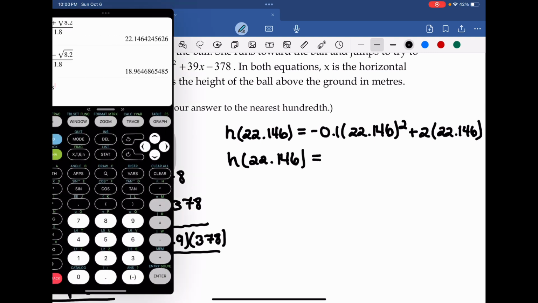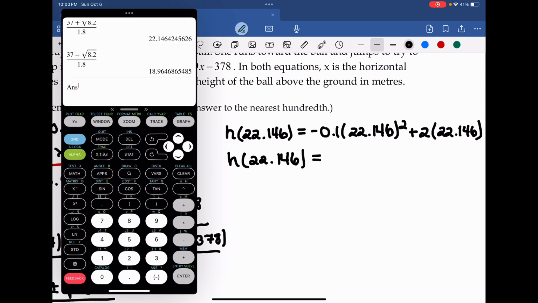22.146. In our calculators, if we type this in, we go negative 0.1 times in brackets 22.146 all squared, and then plus 2 times 22.146.